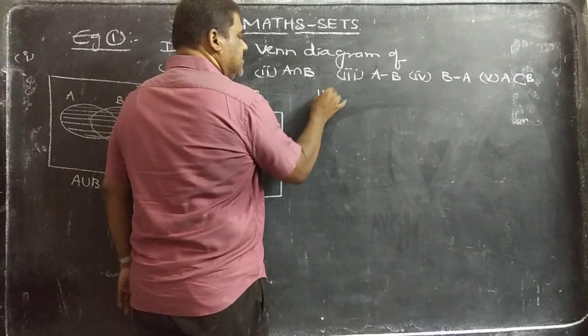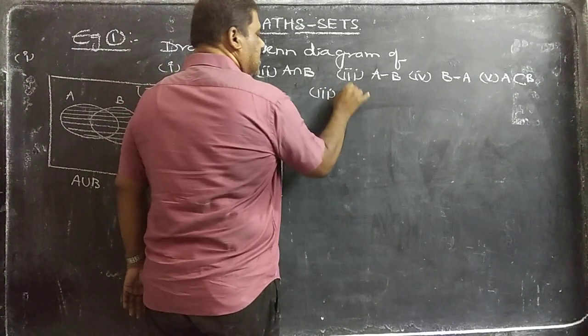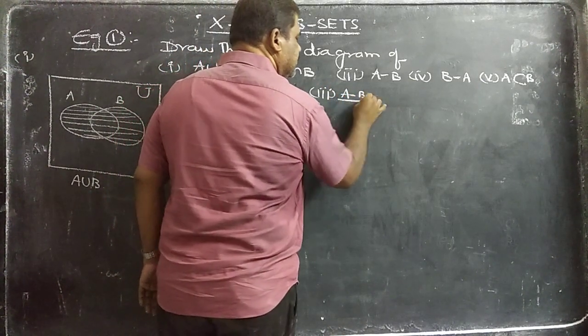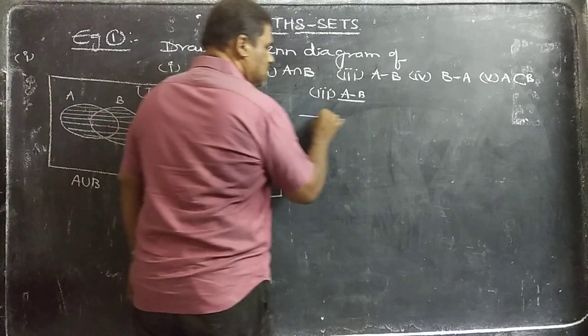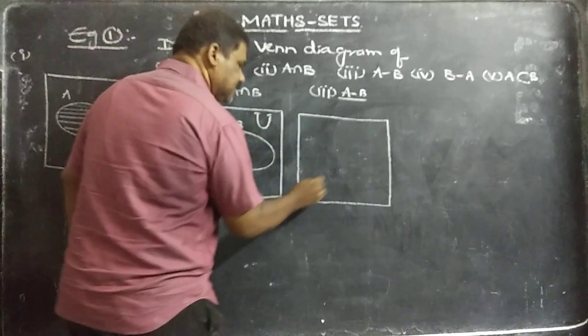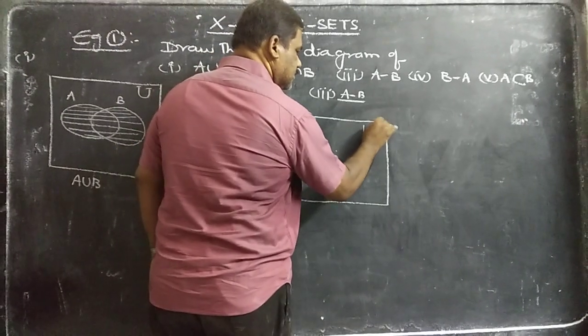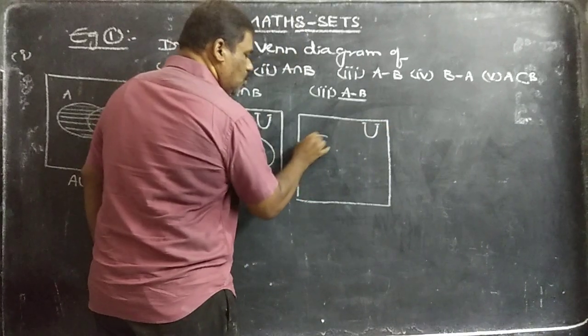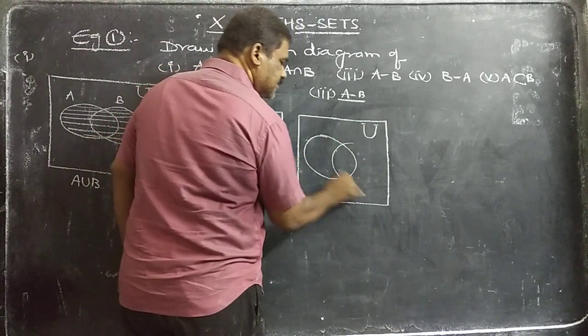Now the third one, A minus B. So draw universal set. Draw two overlapping circles.